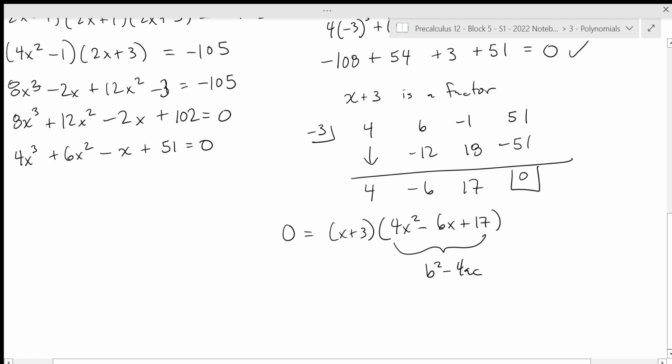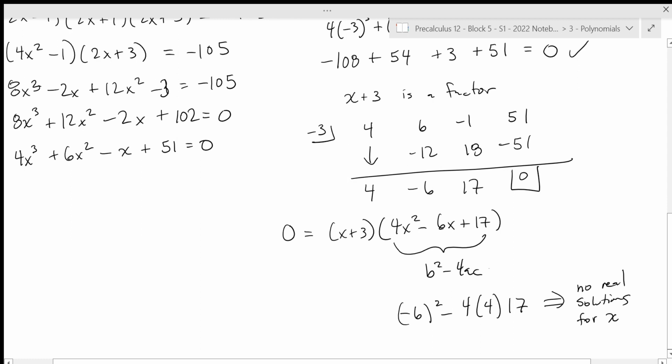In order for this to give me another integer, this would have to be a perfect square. So b squared minus 4ac is negative 6 squared minus 4 times 4 times 17. And from what I can see, this would give me actually no real solutions for x, or no real zeros for x.